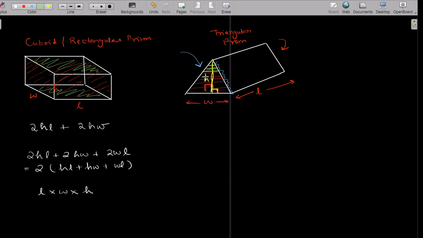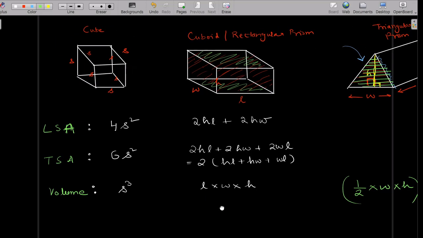So you first find the area of this triangle and then you multiply that by the length of the tent. So if this triangle has height h and the base is w, the area of the triangle will be half w times height, and you multiply that by the length of the tent, which is L. So we'll only do volume for this.